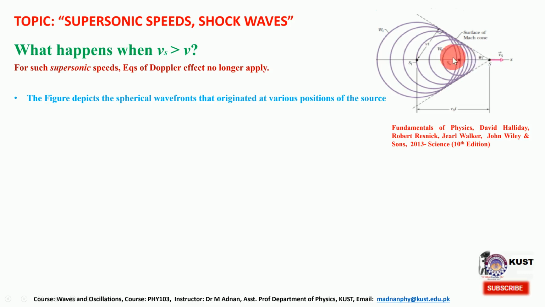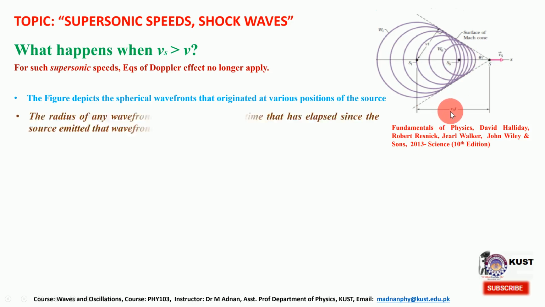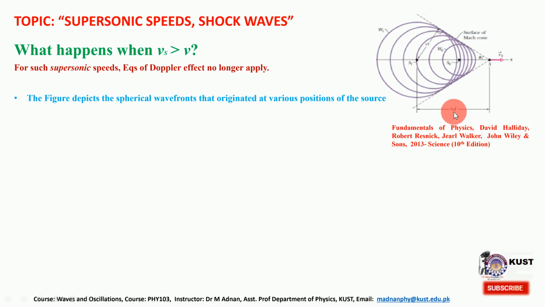As it moves, these wavefronts are produced by the sound source at different positions. Since it is moving with velocity Vs, these different positions can be tracked with the formula s equals Vt, where t is the time between two successive wavefronts that it emits.